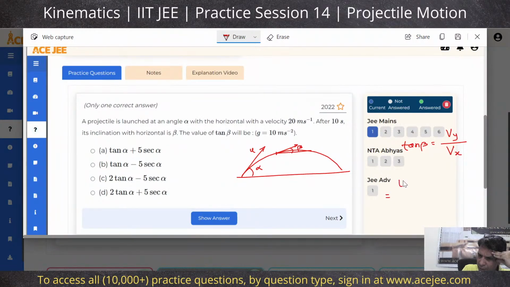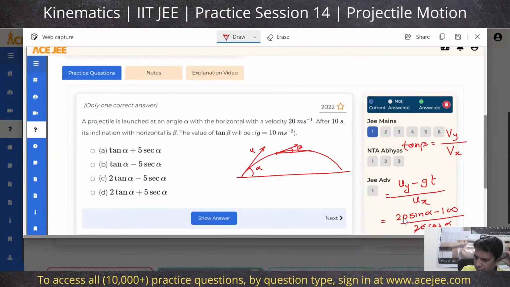What is Vy? Uy minus gt, divided by Ux. What is Uy? U, which is 20 sine of alpha, minus t is 10 seconds, and g is also 10, so minus 100, divided by u cos alpha, so 20 cos alpha.